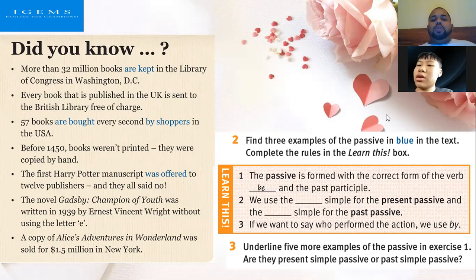Number 2, we use the present simple for the present passive and the past simple for the past passive. And then number 3, if we want to say who performed the action, we use by.